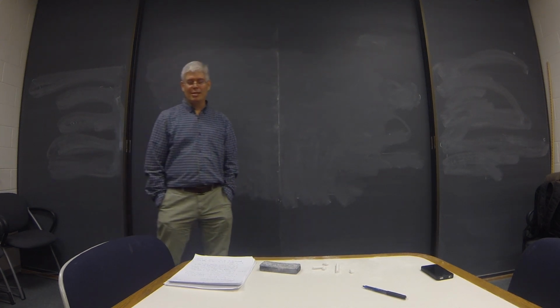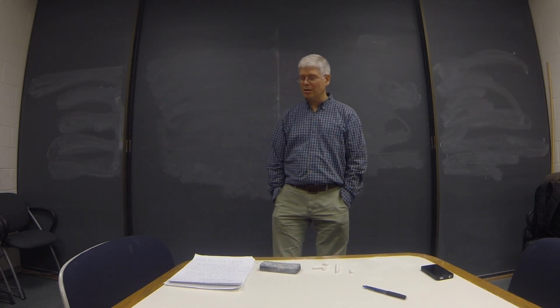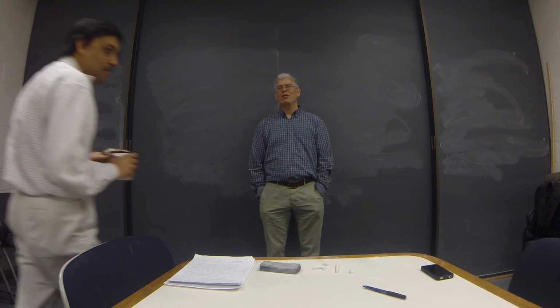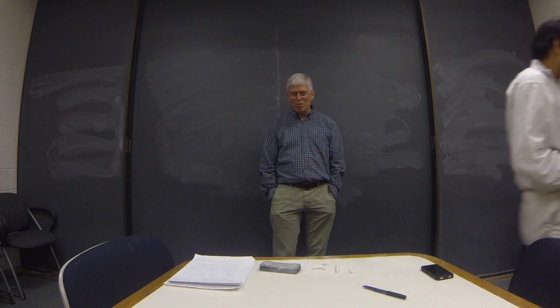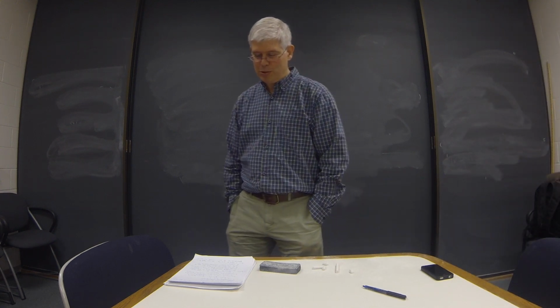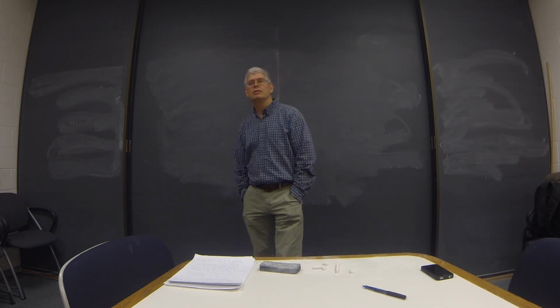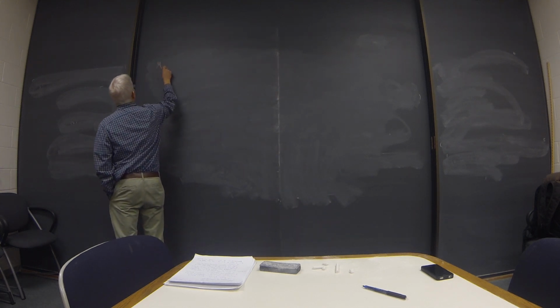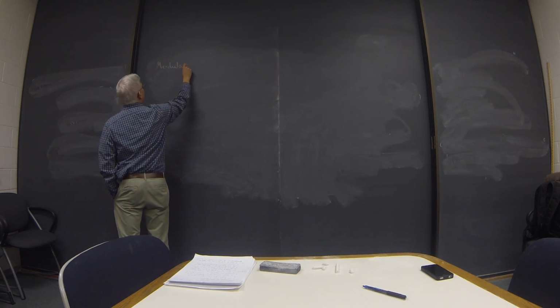Okay. So, well, that was a really nice talk and a good warm-up for my talk, because I'm going to talk about another approach to Bootstrap, which is special to 2 dimensions. And that's been called a modular bootstrap.